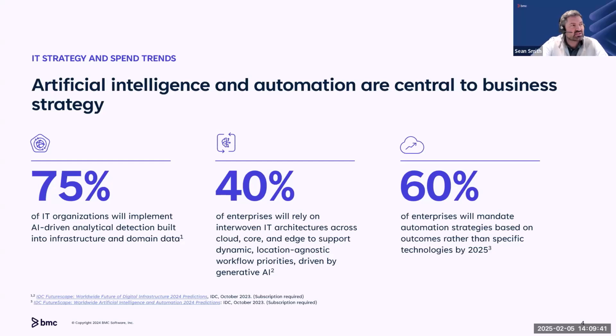So the astronomical rise in digital data in everything that we do is quite substantial, and trying to make sense of that data is really important, especially if you think of a service desk and the number of tickets coming in, the types of requests people are asking, the how-tos people are searching for. Using AI to help drive understanding of that information so that we can be informed when we predict what's going to happen next.